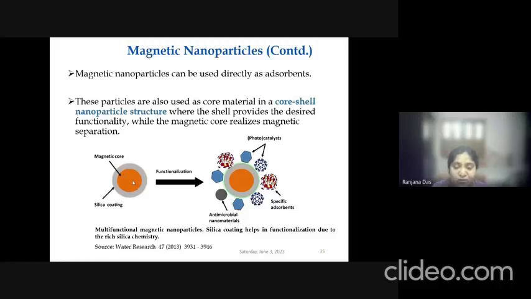We are adding this to the contaminated effluent, and whenever the contaminants get adsorbed at the surface, that is the core-shell mechanism, they are attracted to the core. The contaminants are now attracted to the core, and we want to remove this from the water. You place a permanent magnet there. It will attract them, and with the shell, all these contaminants will be removed from the medium. That is the function of the magnetic nanomaterial over there.